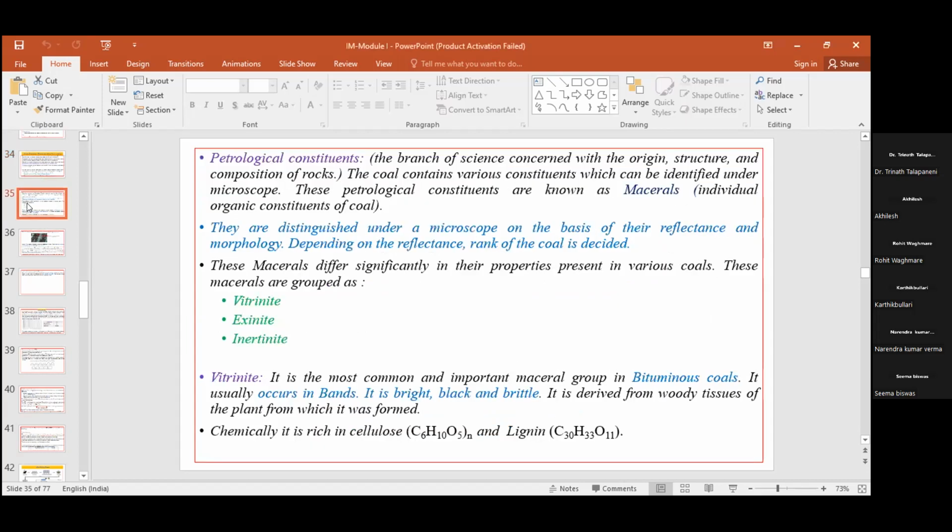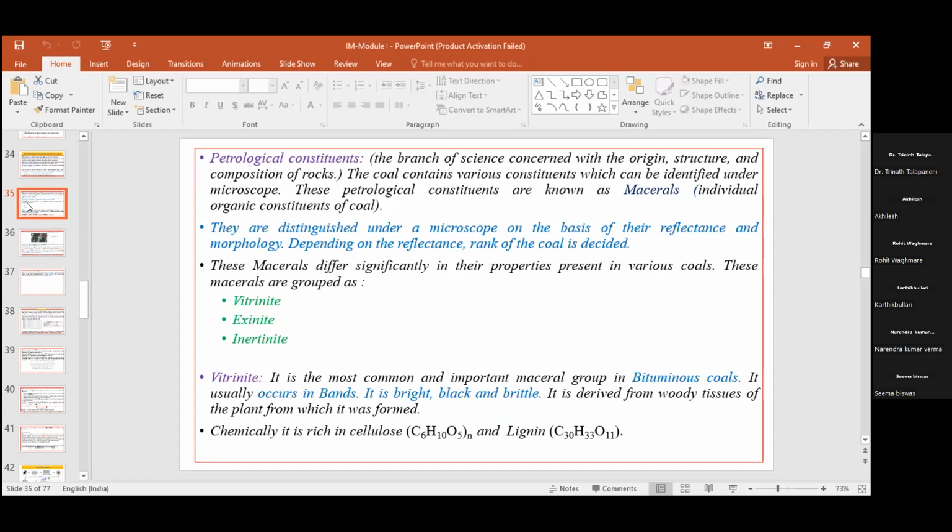So petrological constituents are basically distinguished under a microscope on the basis of their reflectance. So depending upon the reflectance, we can decide the rank of the coal. Again, rank of the coal basically depends upon the maturity of the coal.